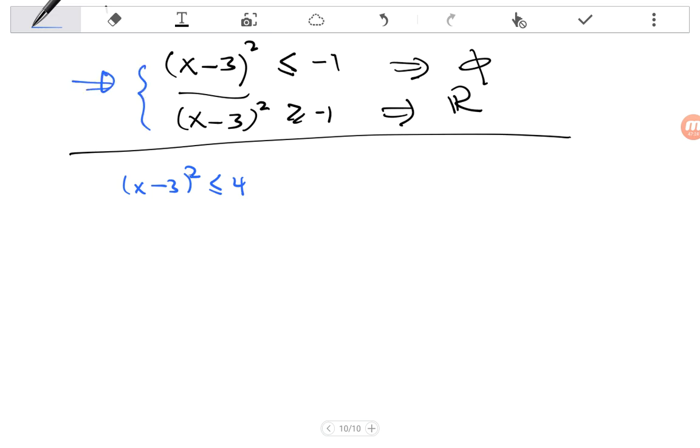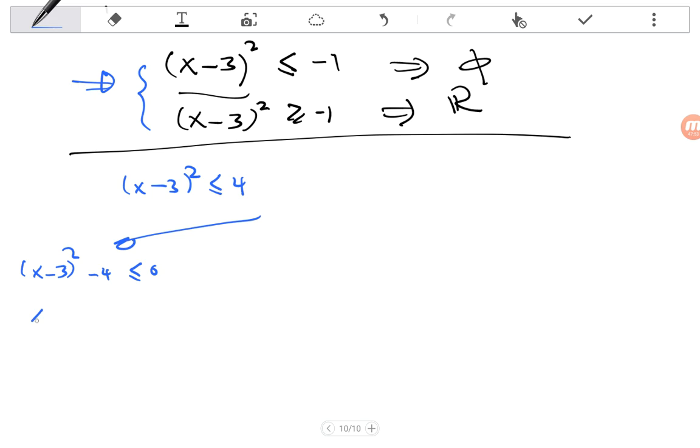Remember we learned a standard method for any inequality like this. We first take everything to one side to make it 0, so that will be x minus 3 all squared minus 4 less than or equal to 0.